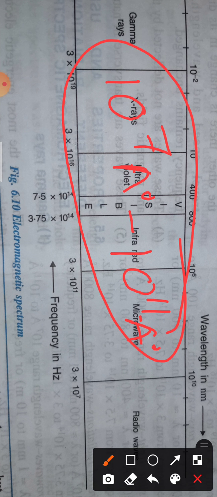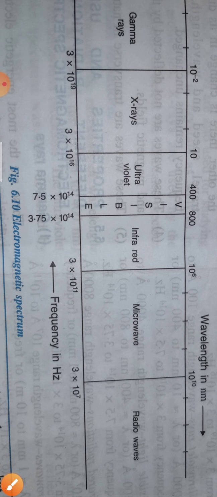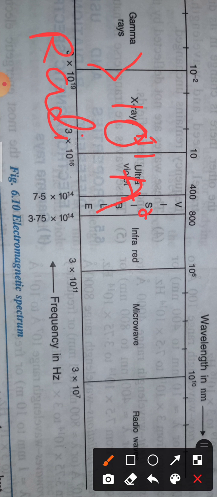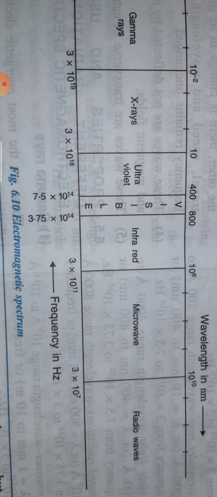After microwaves, all the rays with wavelength greater than 10 to the power 11 angstrom are called radio waves. You have heard the name radio waves because they are used for radio communication.